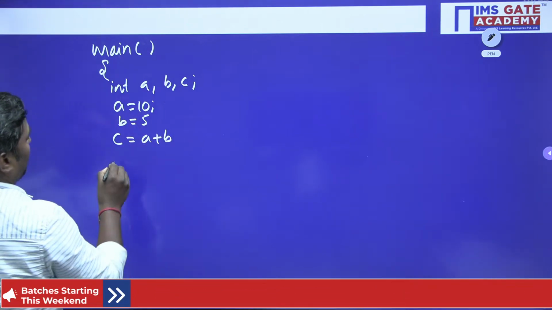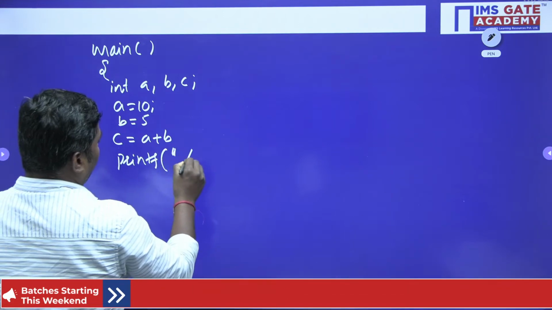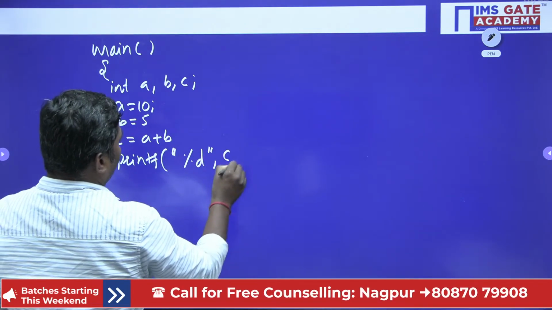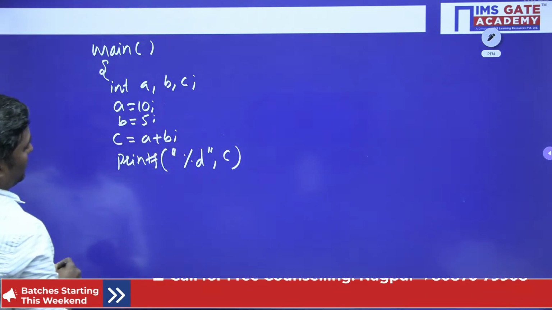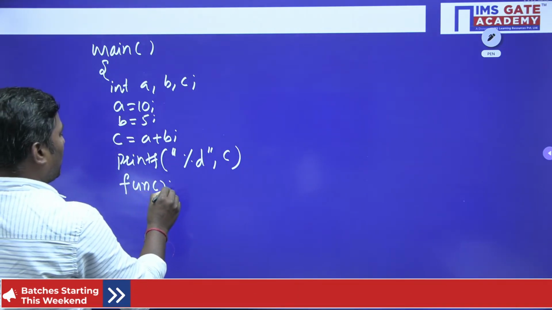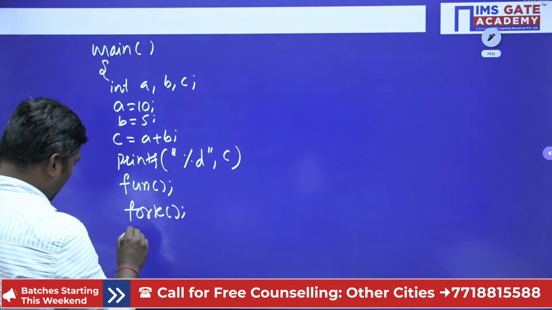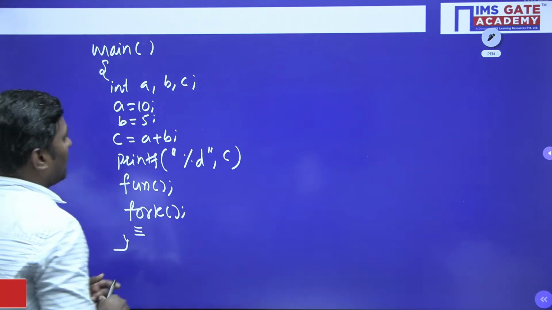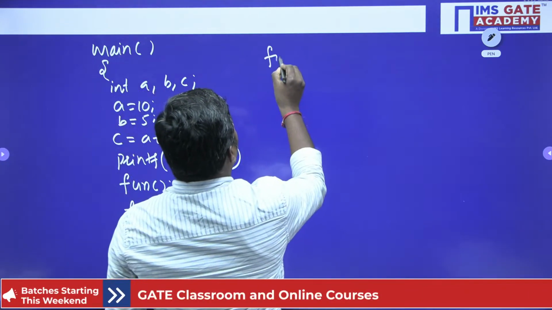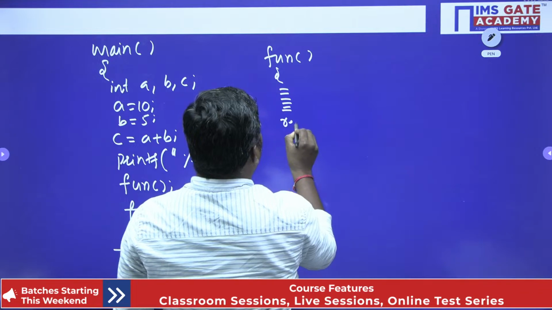Then printf("%d", c). So this I have written, followed by a function, followed by fork, and some lines of code are available. Now the function definition is here, written.